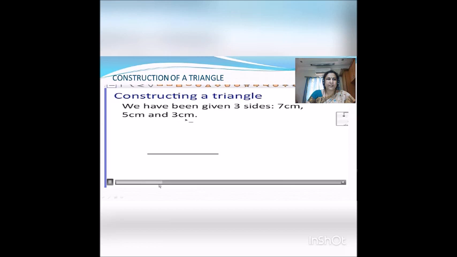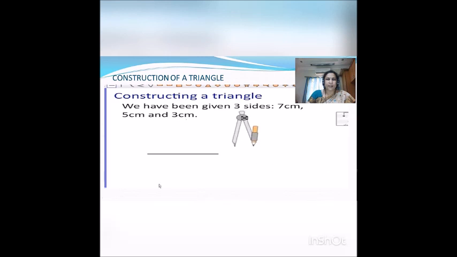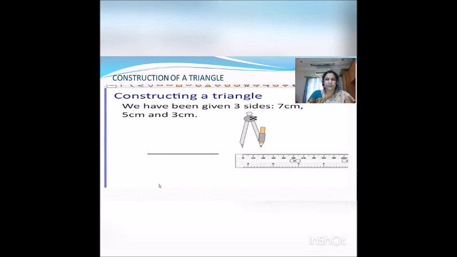Then take a distance of 5 centimeters in your compass. This is the exact 5 centimeter distance. Then place your compass point at one end of the segment and draw an arc using this distance.